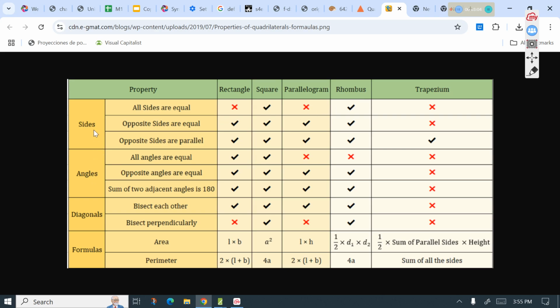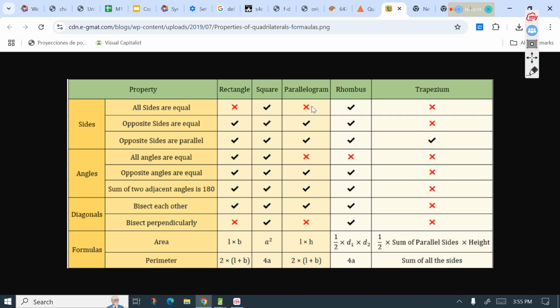Lately I've been focusing on the sides and the angles, and I've been getting you guys to prepare yourself to start studying the diagonals of all these shapes. This is something that we want to know about. We can see some of them bisect each other, which means cut each other in half. There's a lot of relationships that we'll study later. For now, we're going to focus on sides and angles. We should be able to see that in a rectangle it's not necessarily true that all the sides are equal, but in a square it is.